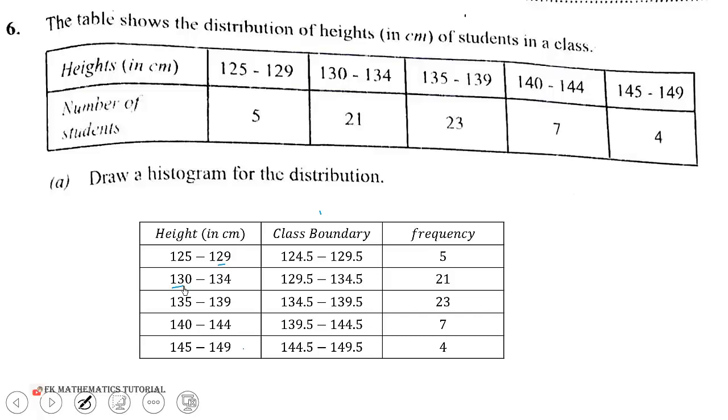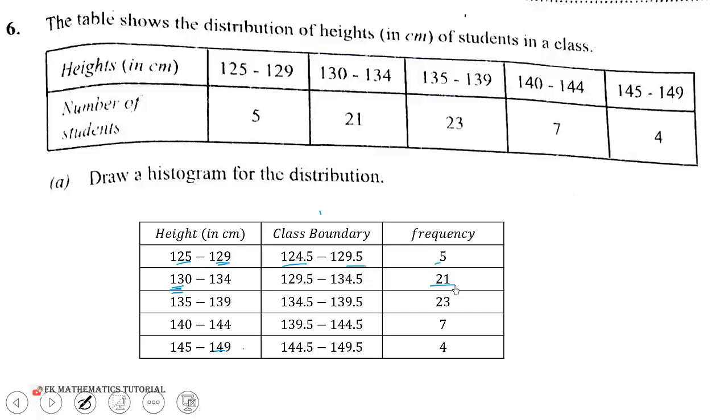So you can see that this and this have a difference of 1, divided by 2, so that we break that gap. So we add 0.5 to this, and we subtract 0.5 from this and add 0.5 to this, so that they'll have a common boundary. So that is what we do for all of them. So that will give us the lower class boundary and the upper class boundary.